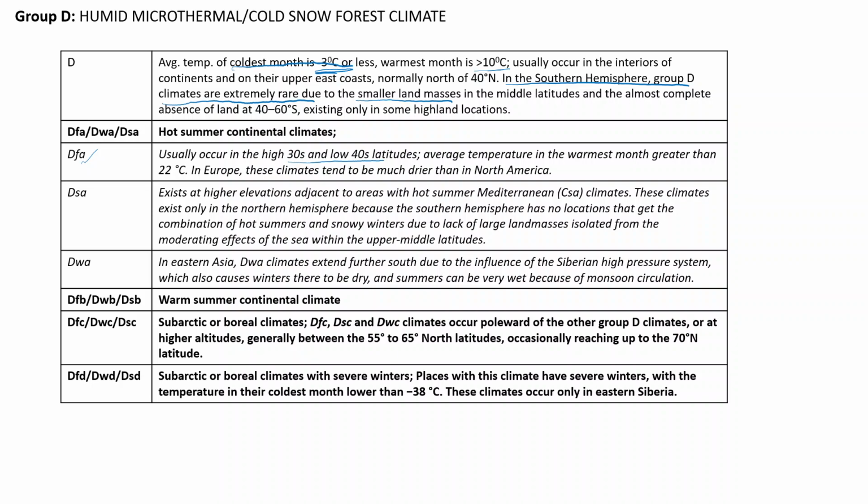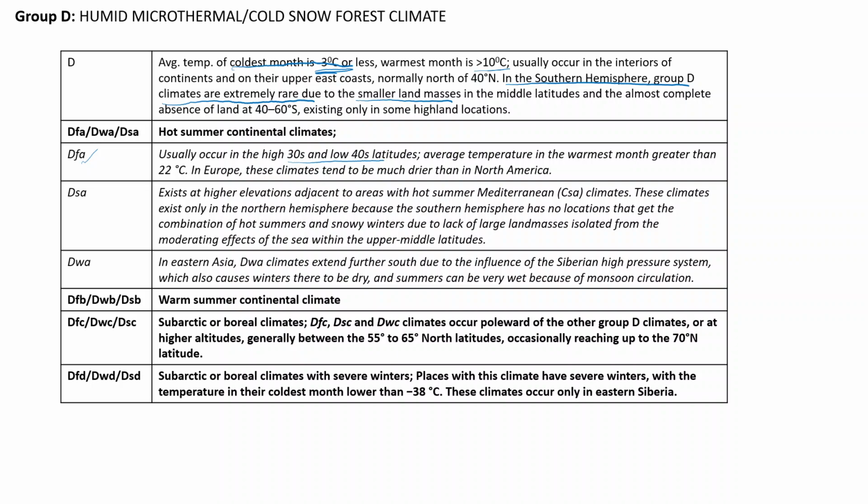So DFA has warmest month greater than 22 degrees Celsius. DSA exists at higher elevations adjacent to areas with hot summer Mediterranean type of climate. So DSA is adjacent to CSA, but it has a higher altitude.